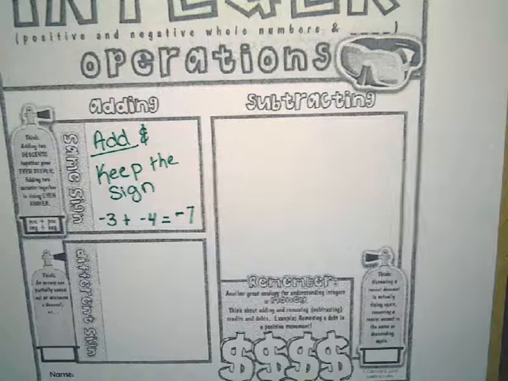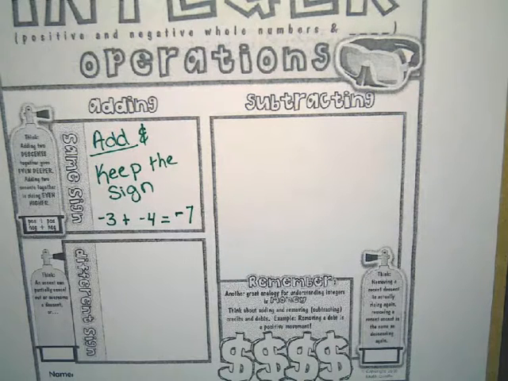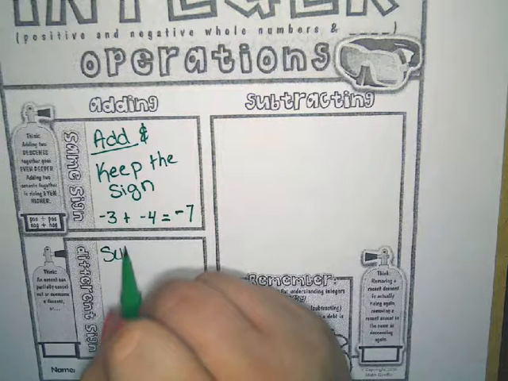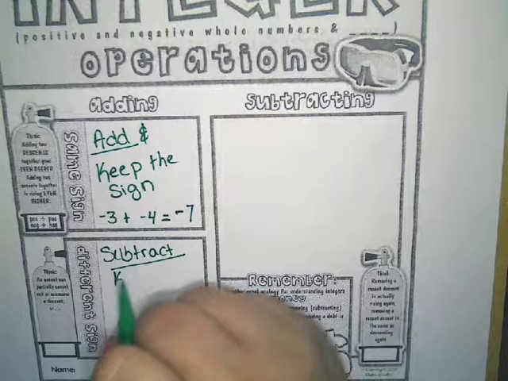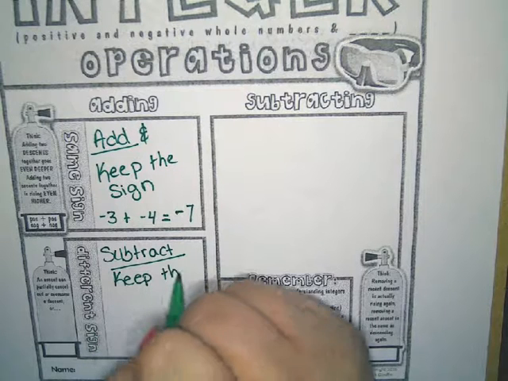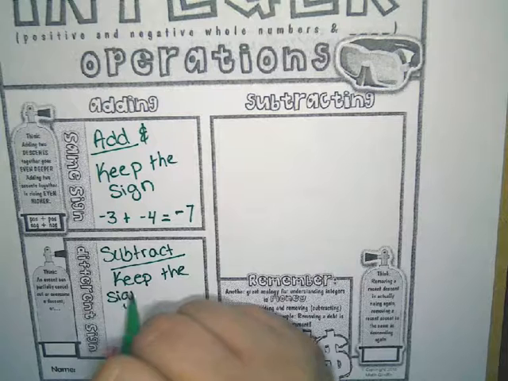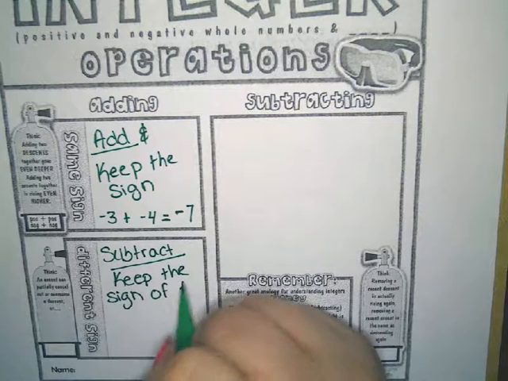Okay? The next one, different signs. What do you need to do? You subtract, and what else? Whatever number is higher, that's the sign you're going to keep, right? Keep the sign of the larger number.